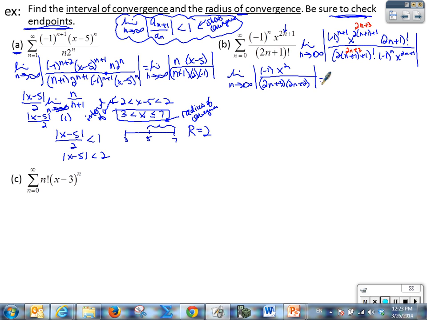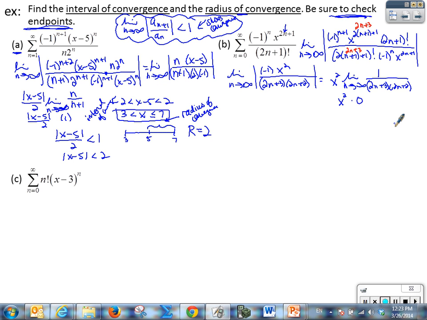We're just going to bring it out, x squared. The negative 1 is, we're going to absolute value it, and it's going to be a 1. So limit n goes to infinity, 1 over 2n plus 3, 2n plus 2. Okay, we take the limit. What is this limit? 0. So I'm going to have x squared times 0.